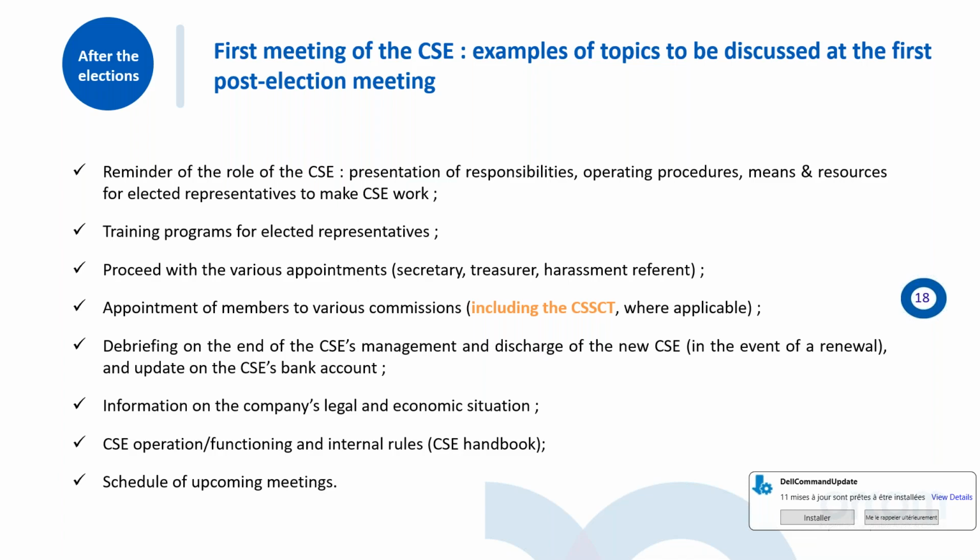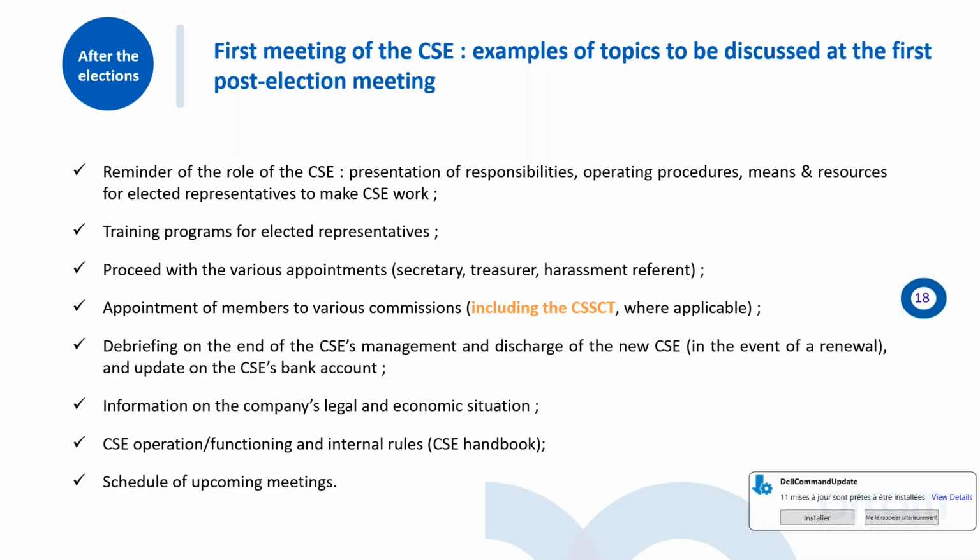Is there a board somewhere in the company where they can post their communications to the employees, etc. Also, it's the right time to talk about training programs for the representatives because depending on the size of the CSE, you can have the obligation to train the CSE members to their new duty. We'll see that after also.